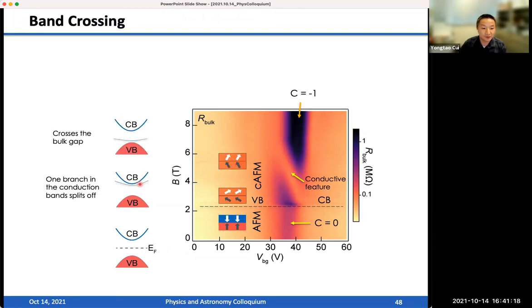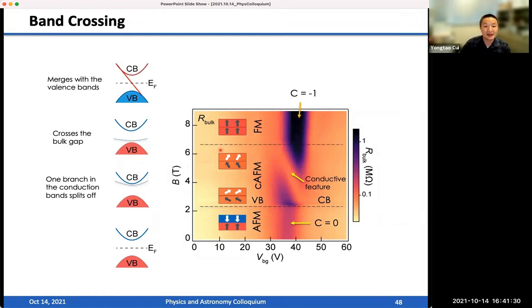And then as the field further increases, this feature moves toward the valence band. So this band splits off, and then it moves toward the valence band. Eventually, at a high enough magnetic field in the ferromagnetic case, this band crosses all the way across the band gap, and then it merges with the valence band.